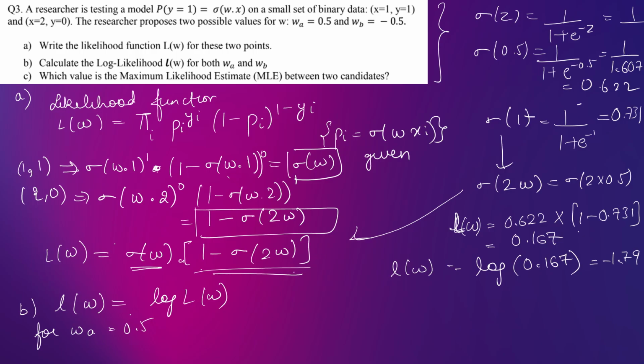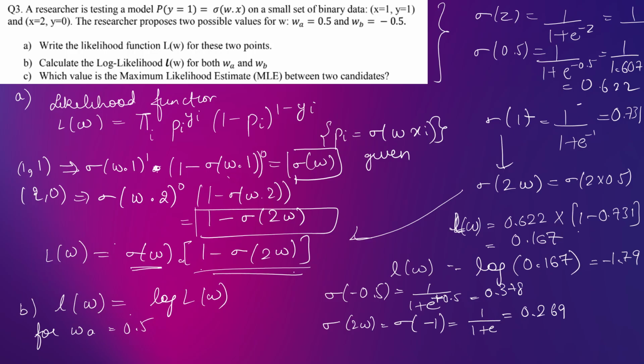For WB, now sigma of minus 0.5 is 1 upon 1 plus e to the power minus 0.5, and this will become plus. You will get this as 0.378, and sigma of 2w is equal to sigma of minus 1, 1 upon 1 plus e to the power 1, which is 0.269.